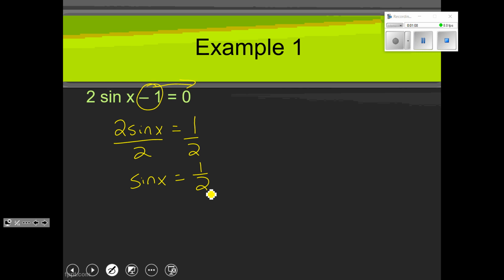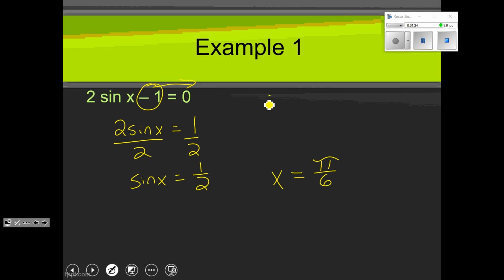Well, if you go to your unit circle and look, the sine is the y coordinate. So I want to look on my unit circle for when the second coordinate, that is your y coordinate, (x, y), is equal to positive 1/2. So x could be pi over 6, which would be your 30 degrees.